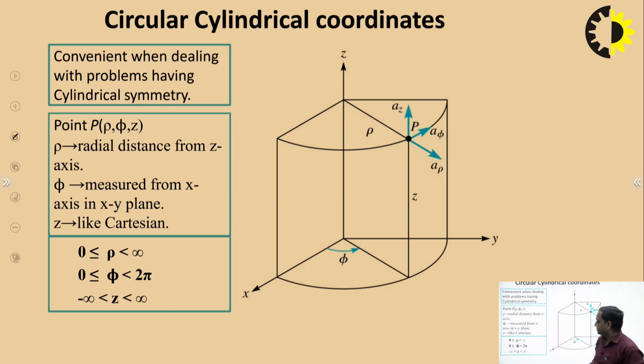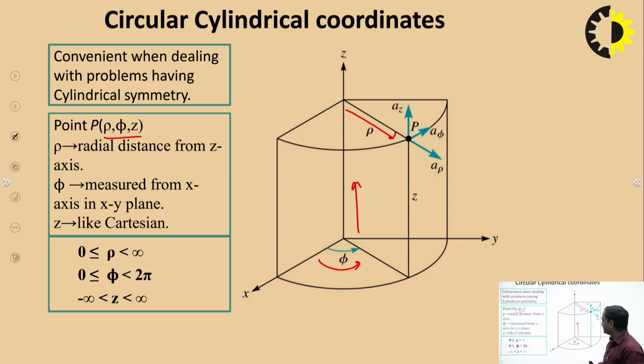Again, the first is the variable, and the second is the vector or the component. In the case of the cylindrical coordinate system, the variables are rho, phi, z. What is rho, what is phi, and z? Rho is the radial distance from the z-axis. If this is the cylinder, rho is the radius of the cylinder. Phi is the angle from the x-axis, and z is the coordinate along the z-axis.